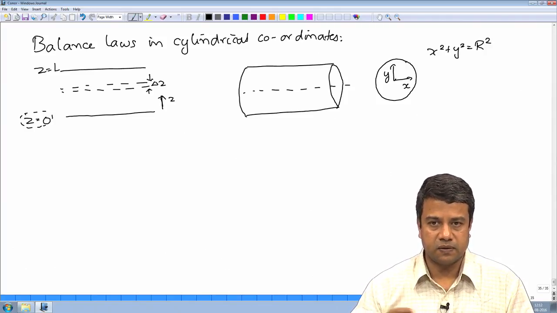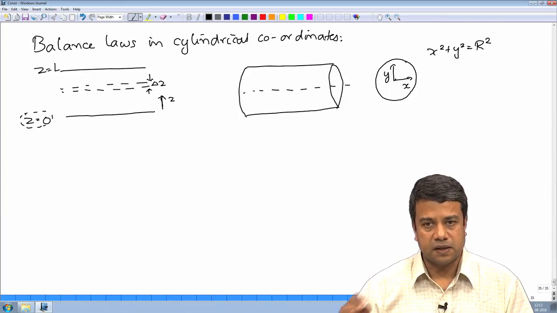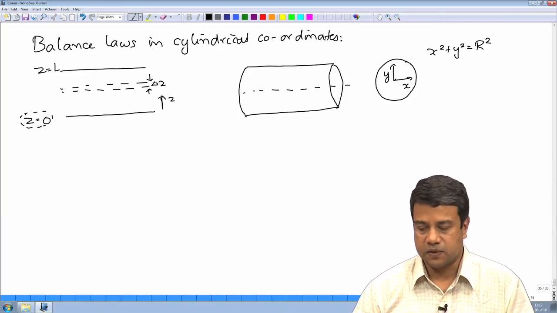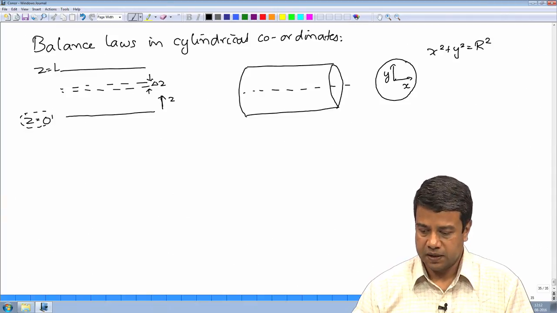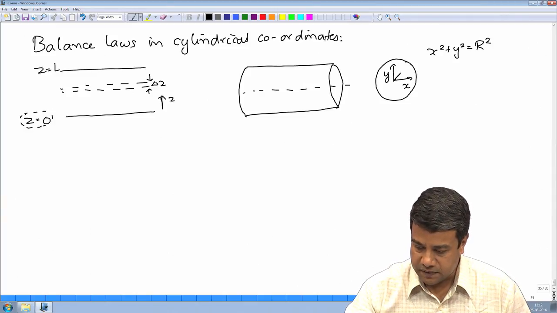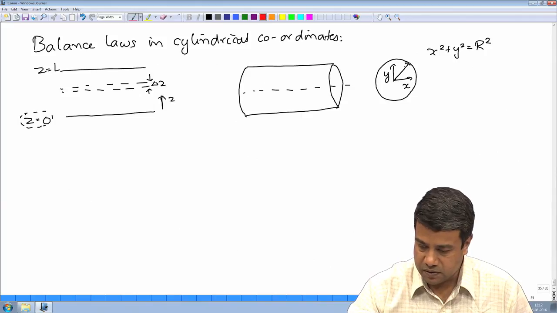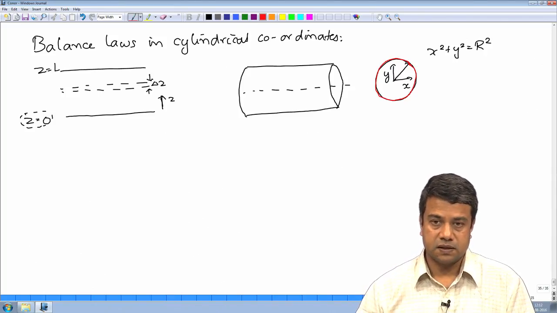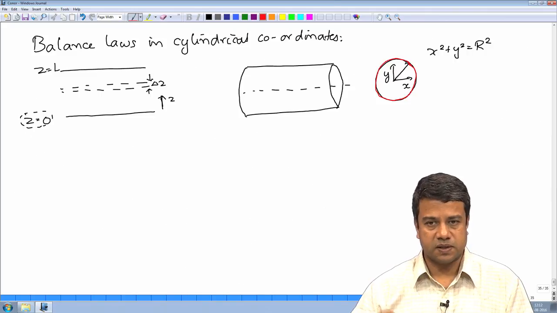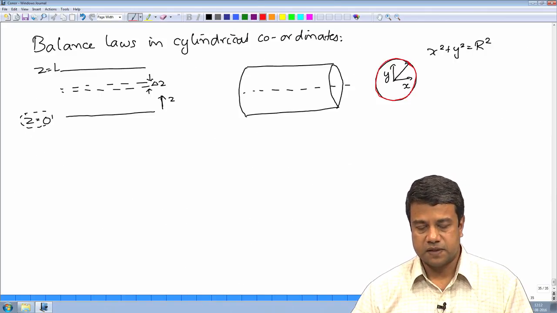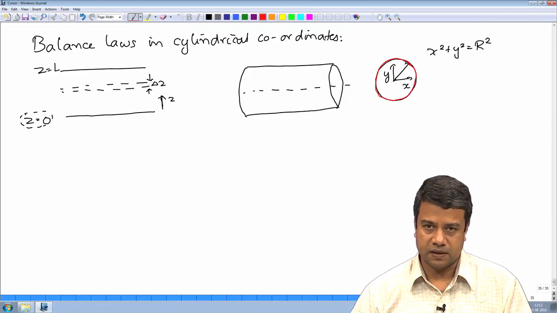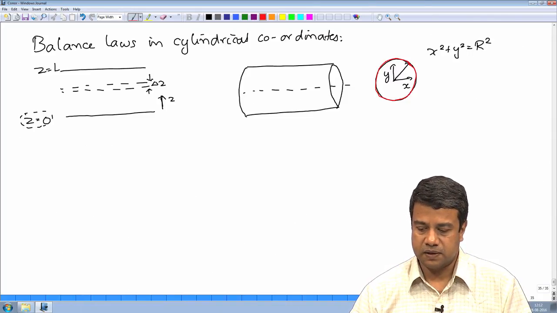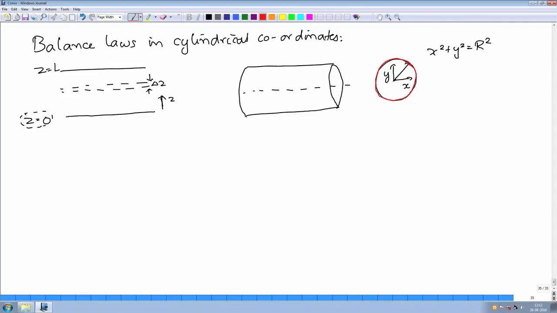In other words, this surface going around should correspond to a surface of constant coordinate. In that case, specifying the boundary conditions becomes much simpler. However, specifying the balance equations becomes a little more complicated. And so, I will talk about cylindrical coordinates. I will start that in the next lecture, and we will see how to solve problems in cylindrical coordinates.